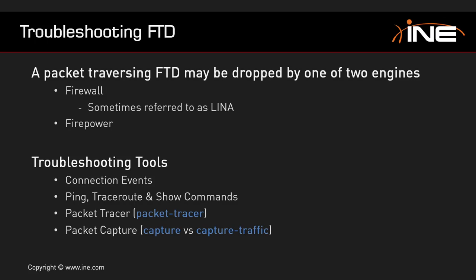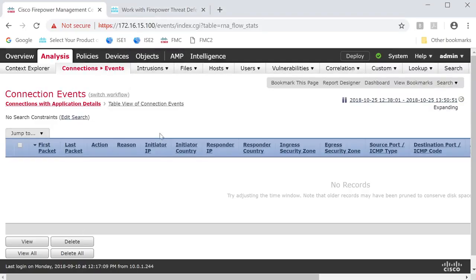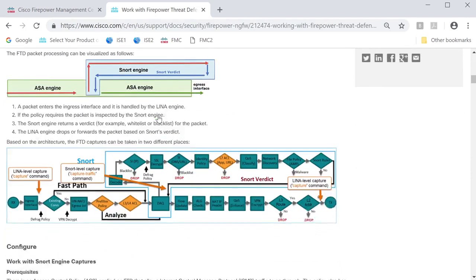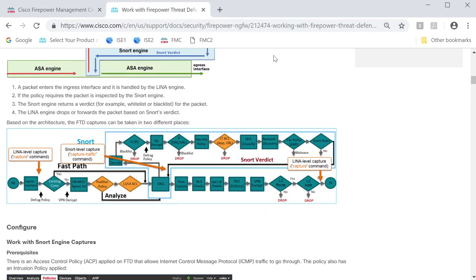But in terms of packet captures, this can actually be enabled at two different places on FTD. We go back to this document and take a look at this drawing here.